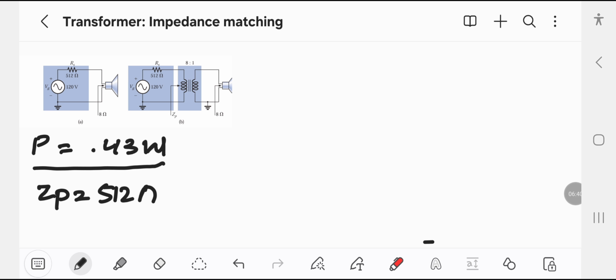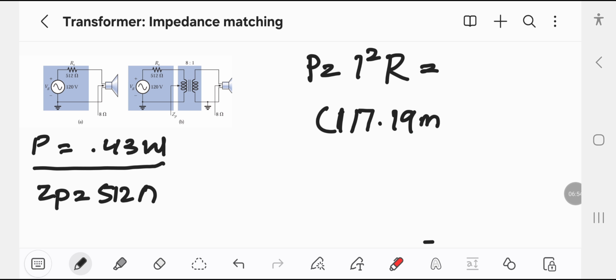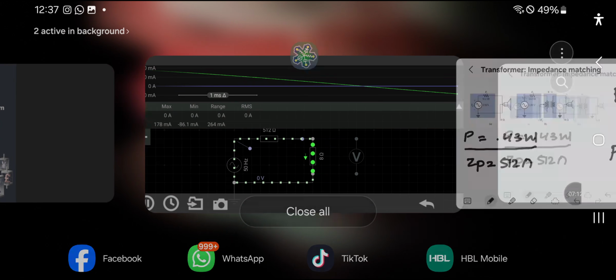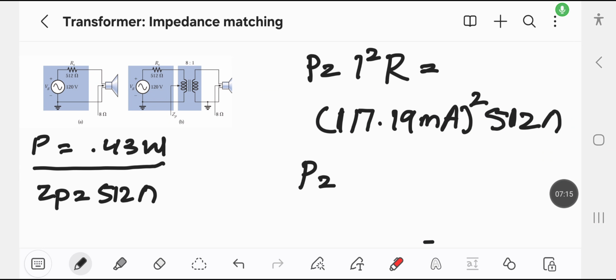According to the formula, P is equal to I squared R. When we put in the value of the current and our resistance, we get 7.032 watt.